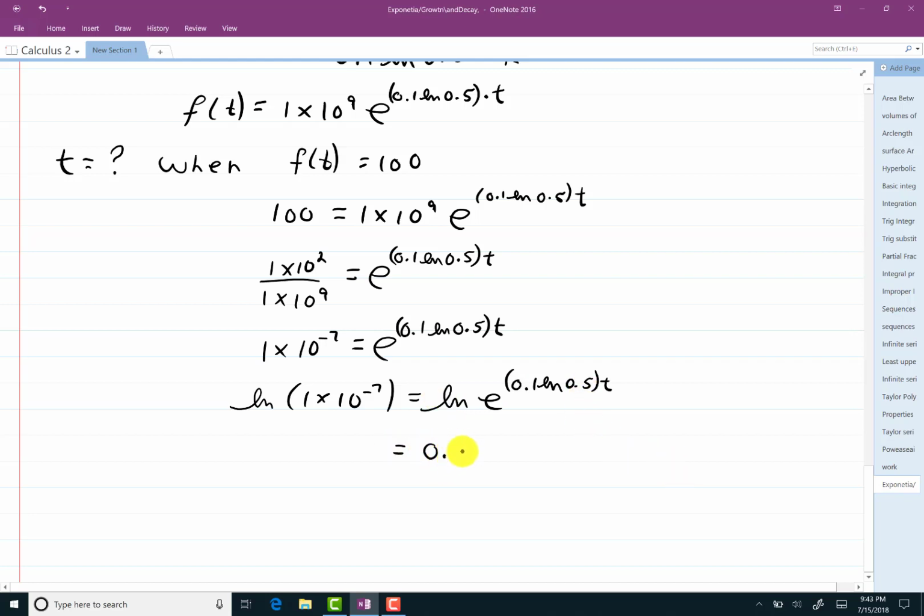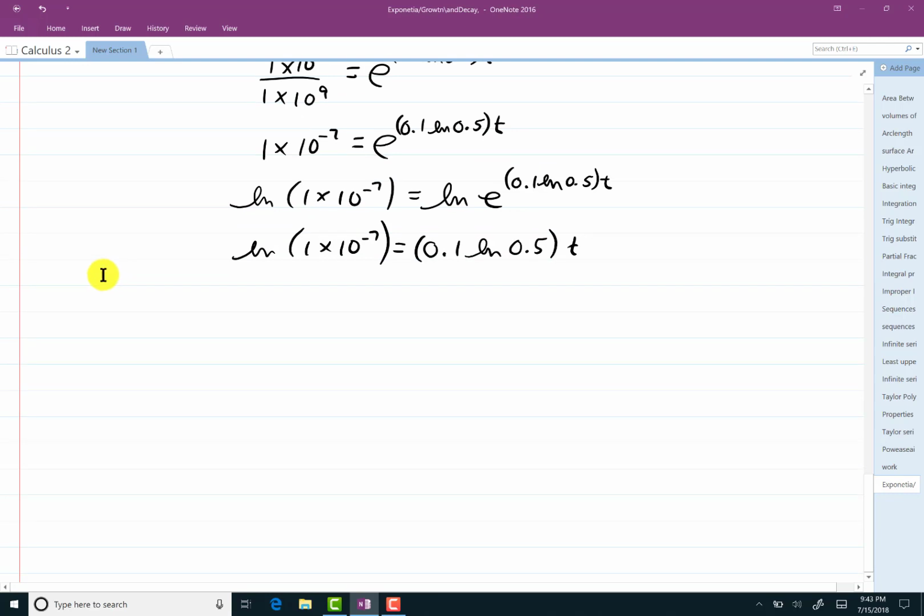I'll be left with 0.1 ln 0.5 times t equals ln 1 times 10 to the negative 7. And finally, I'll divide by this stuff, the 0.1 ln of 0.5, to give me ln 1 times 10 to the negative 7 divided by 0.1 ln of 0.5, and that will equal t.